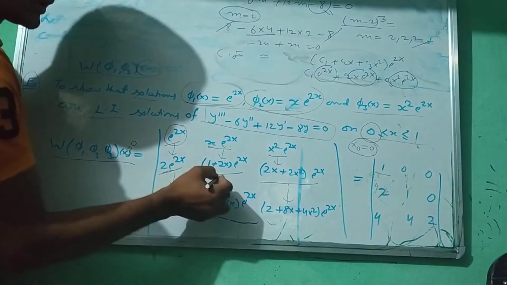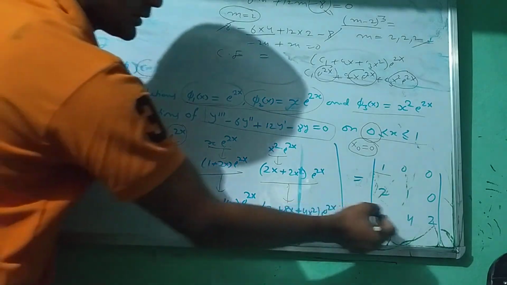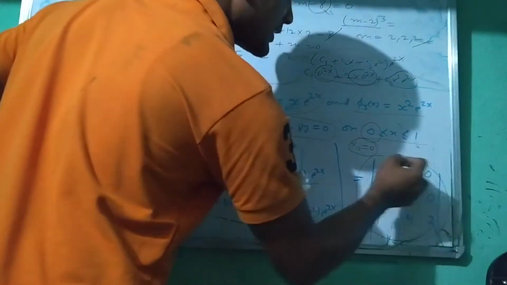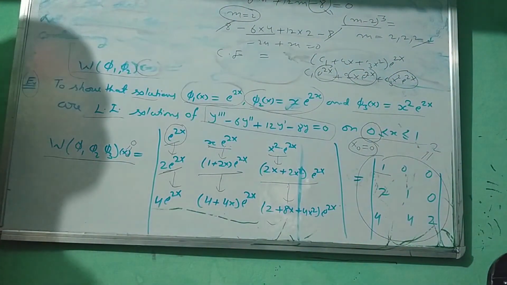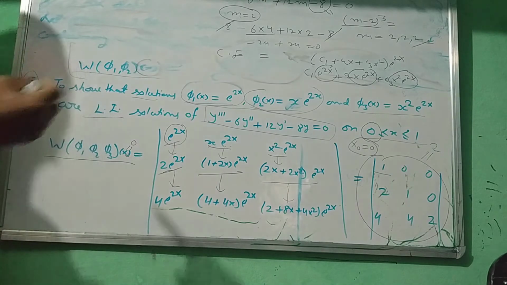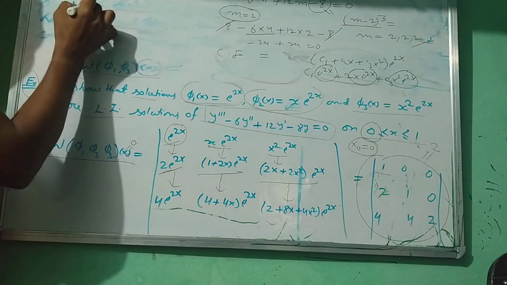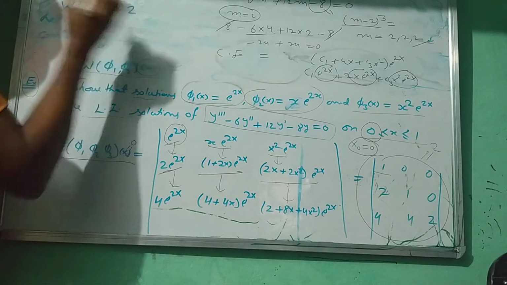Similarly, this is 2, this is 1 and 0, 4, 4 and 2. When we simplify this determinant, the answer is 2. So the Wronskian at x naught equal to 0 is equal to 2.